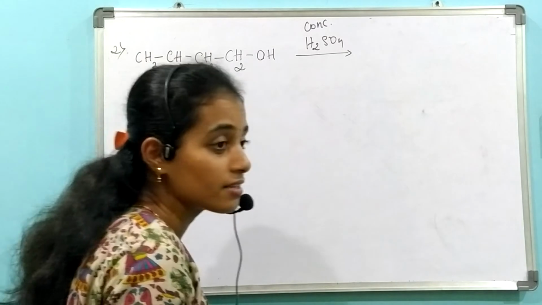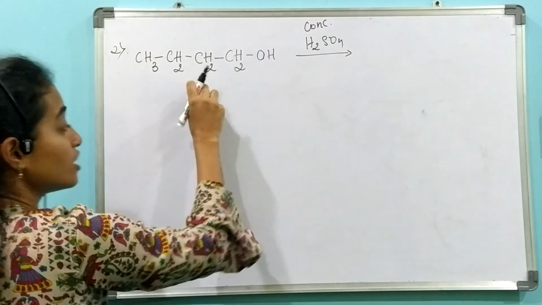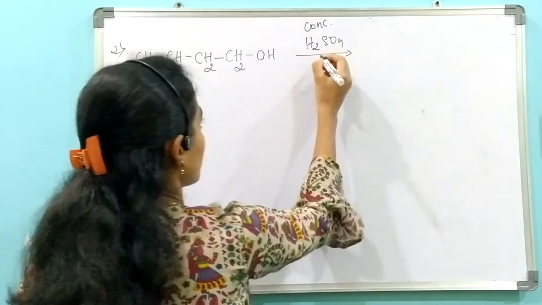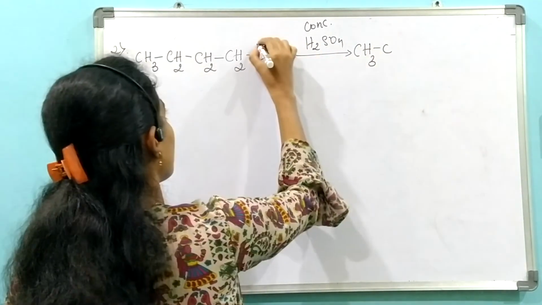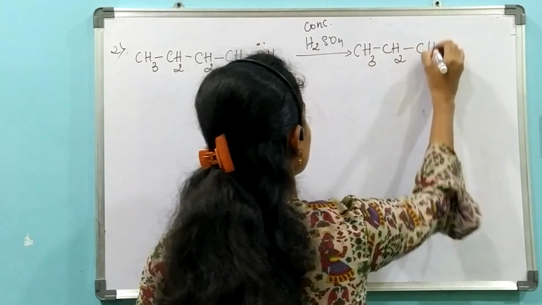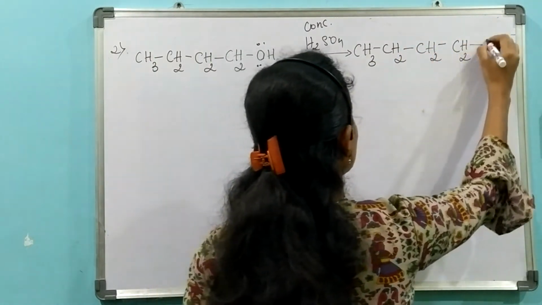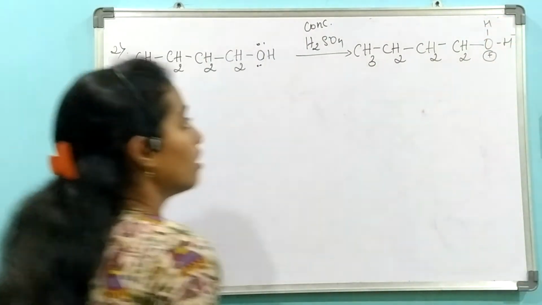In the mechanism, we have seen that first it converts your alcohol into what? Into protonated alcohol. That is, we have here a lone pair of electrons, so we get CH3, CH2, CH2, CH2, OH2 plus, the protonated alcohol.